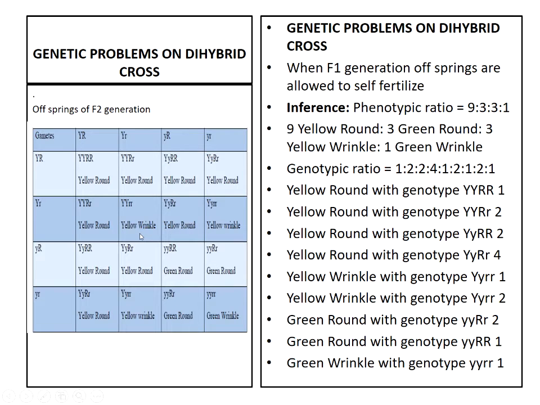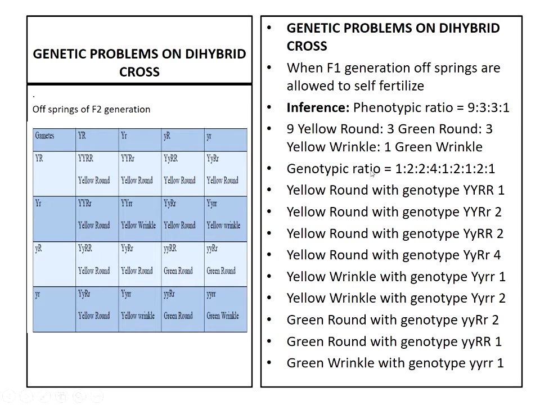So here is one yellow wrinkle, next second yellow wrinkle, and third yellow wrinkle, and the last one is one green wrinkle. So this is about the phenotypic ratio, that is 9:3:3:1. And the second one is the genotypic ratio.